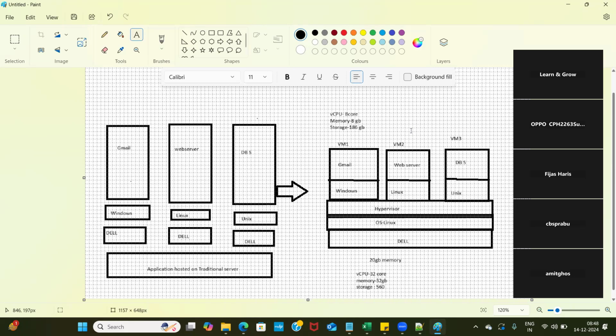Having three different OSs. In future, if auto scaling up is required, then it is not possible.